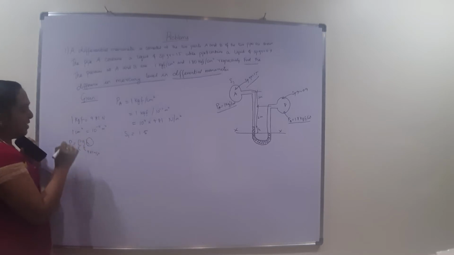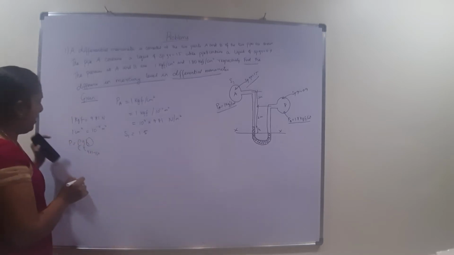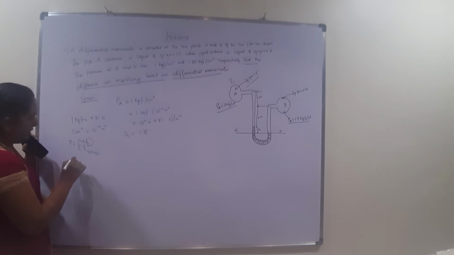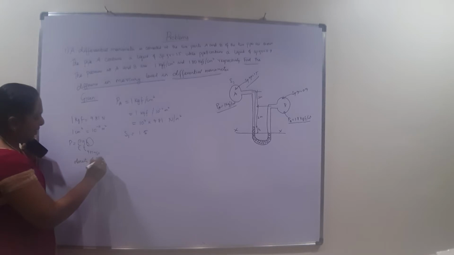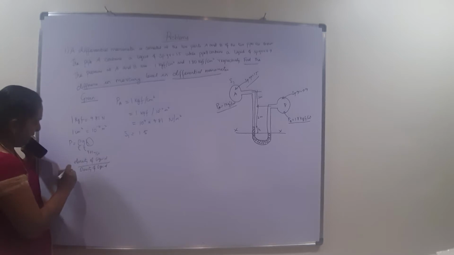So rho, the density, is what we require. How do you find out density? We already know that the density of any liquid divided by the density of the standard liquid is your specific gravity. It may be in terms of mass density or weight density. The standard liquid here is water. So S is equal to the density of the liquid divided by the density of the standard liquid.